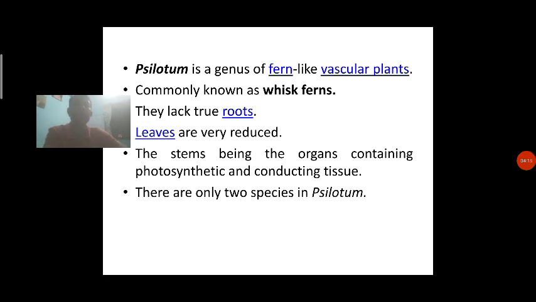There are only two species in Psilotum. In detail, when we talk about the structure of Psilotum, it mostly resembles Rhynia. You can see the branched structure, and the sporangium is also there. So mostly it resembles Rhynia.